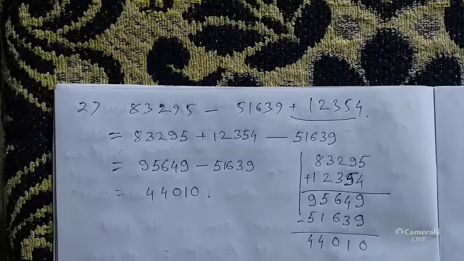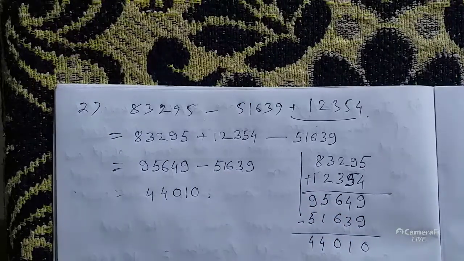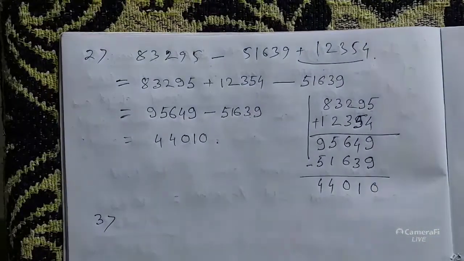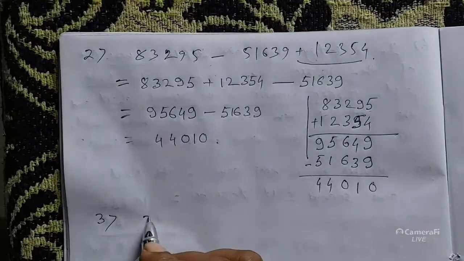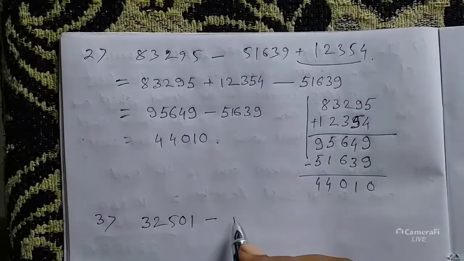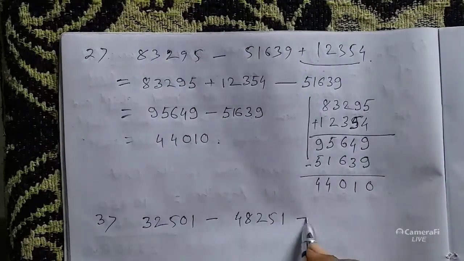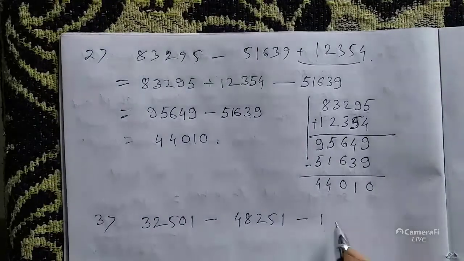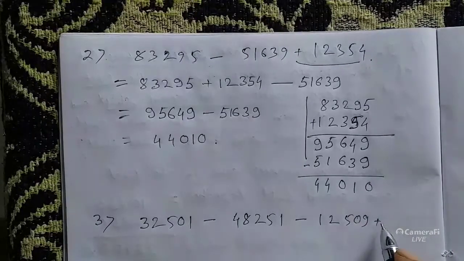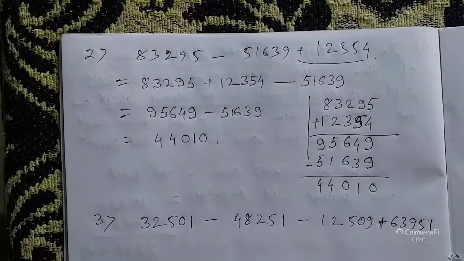So whenever the problem is not arranged in the proper way, we have to first arrange the addition and then subtraction. Now suppose we come to this example, where there is a minus, this one, this one.